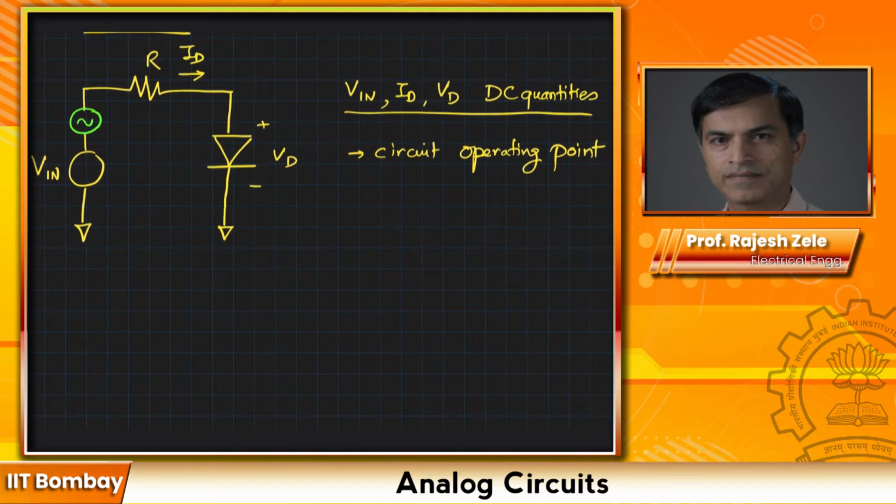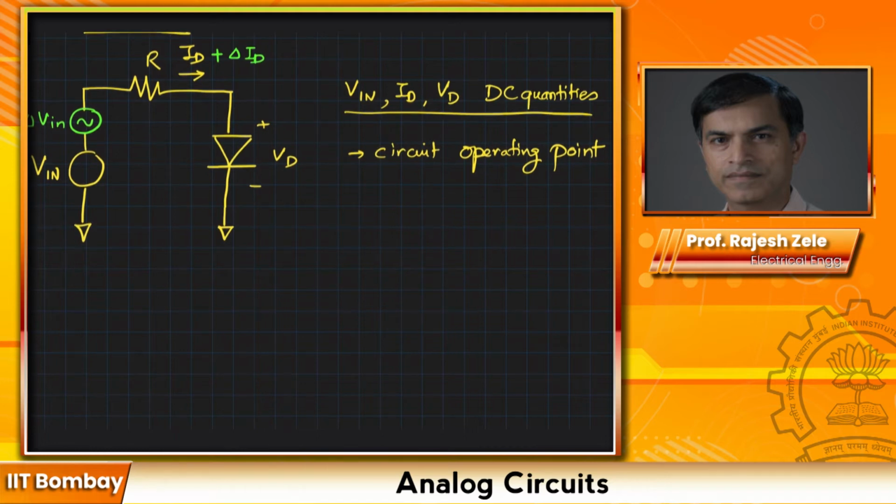Now we are going to add a small voltage along with this input voltage V in. I'm going to add this wiggly thing here, and I'm going to call this delta V in. V in is your DC quantity, and delta V in is a small incremental or small signal quantity that I'm introducing. As soon as you introduce delta V in, ID will change and you will get delta ID.